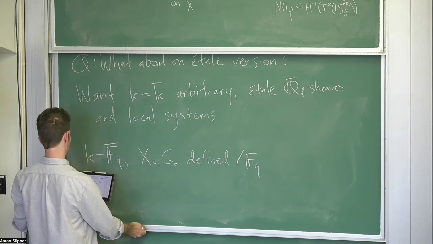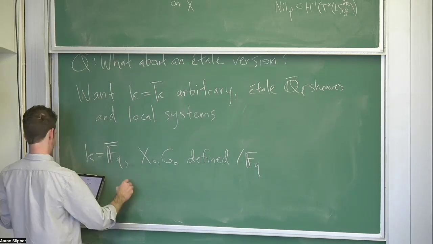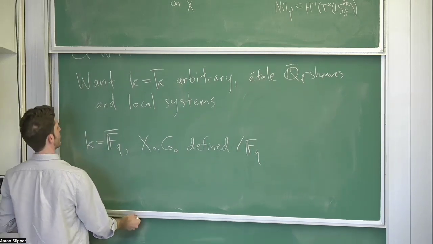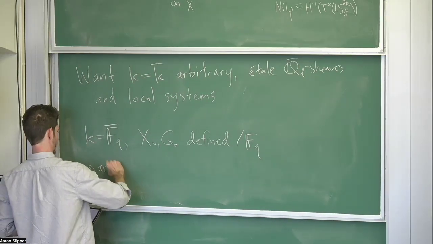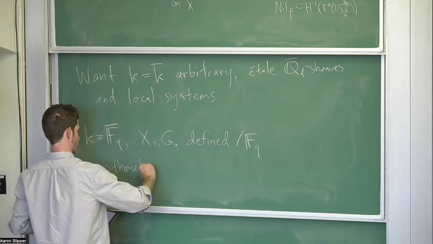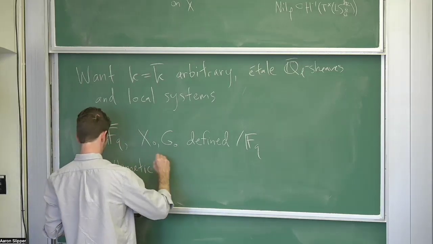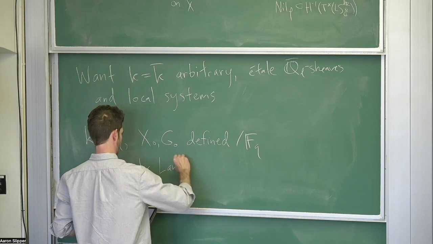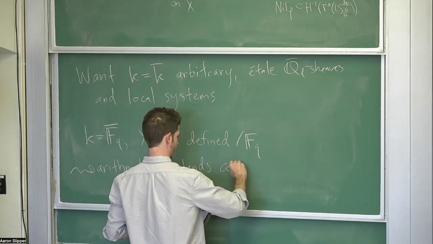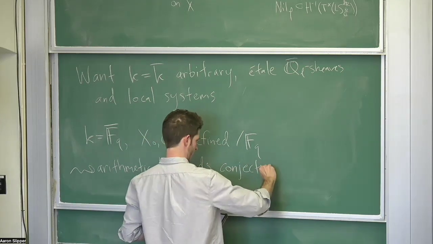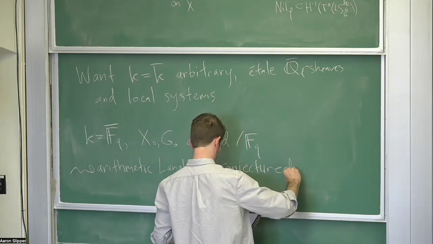I'm assuming that they're defined over a finite field. So then there is an arithmetic version of the Langlands correspondence, right, that preceded the categorical one, for a global function field, in positive characteristic, right?